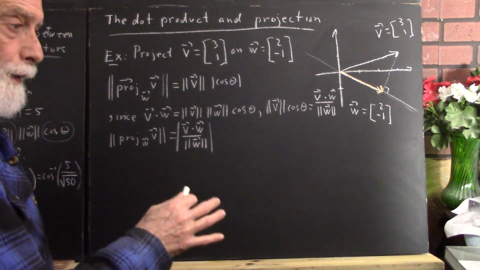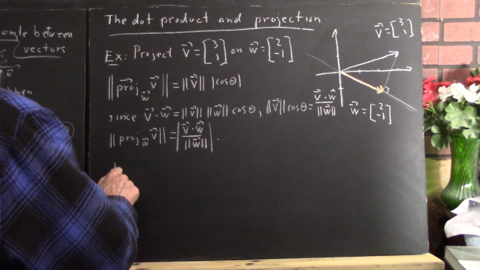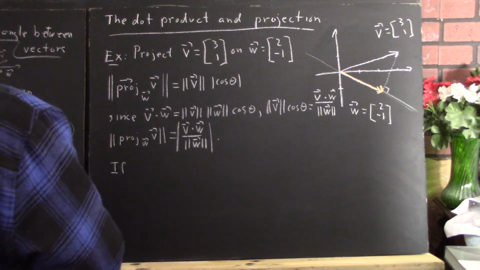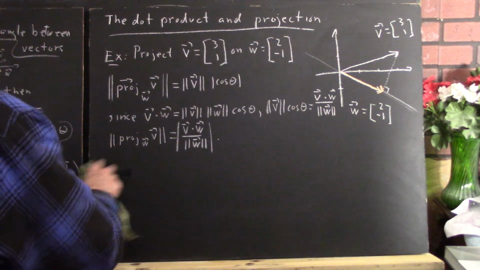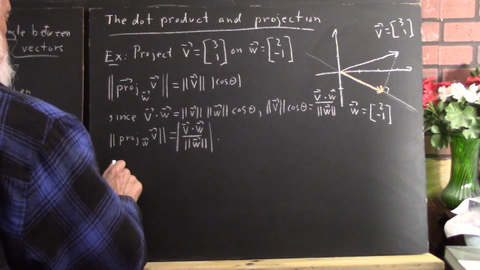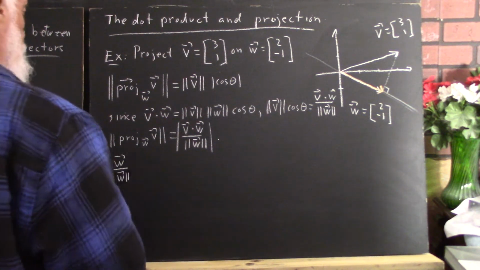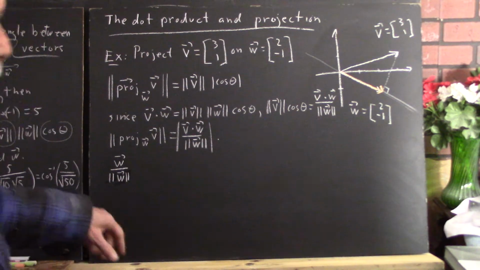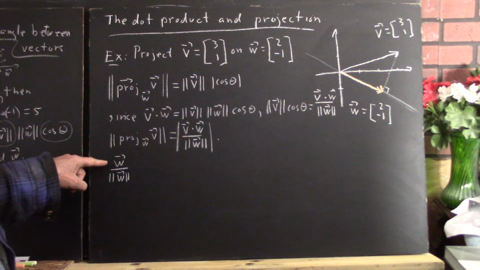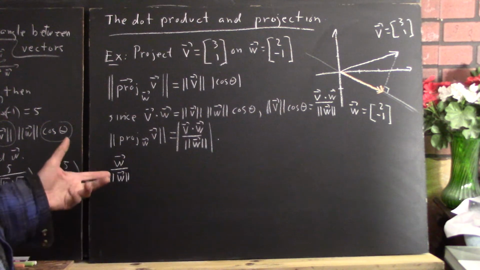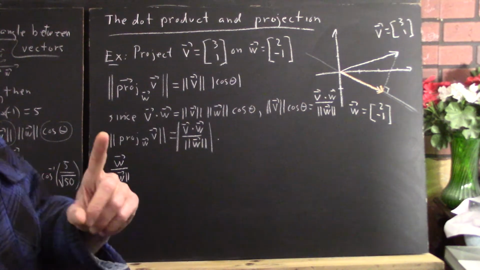I'm going to wave my hands a little bit right here and say, first of all, we need a statement. If we divide w by the magnitude of w, that's like dividing a vector by its length, we don't change the direction of w, but we do change its magnitude. If we divide a vector of length 5 by its length, we get a vector of length 1.